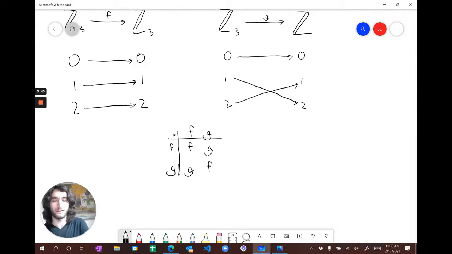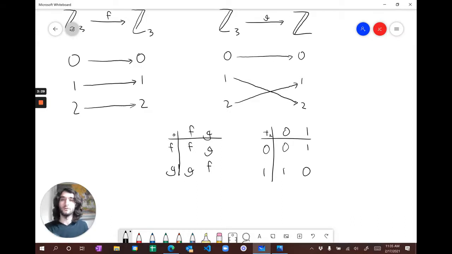And this table should look kind of familiar. It looks just like the addition table for Z2. The only difference is we've changed the symbols. We've replaced 0 with F, we've replaced 1 with G, and we've replaced addition mod 2 with composition. But you can see it's the same table.